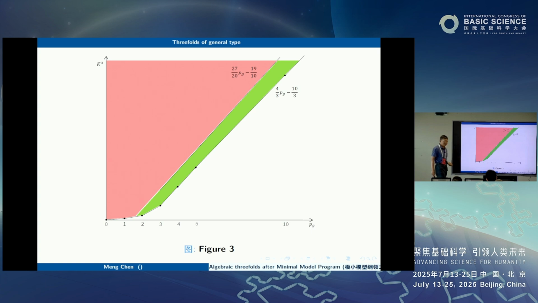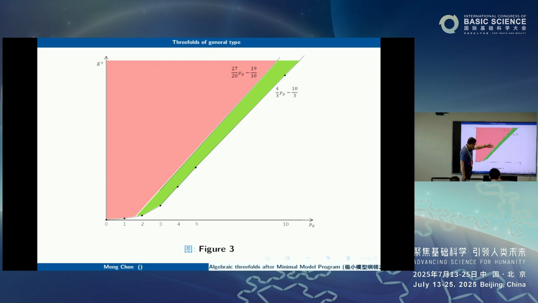The result is that when the geometric genus is large, the moduli space has more and more irreducible components. The number of irreducible components is linearly related to the geometric genus PG. That means when PG is larger, the number of irreducible components is larger.